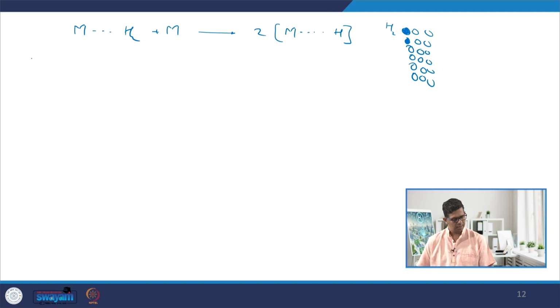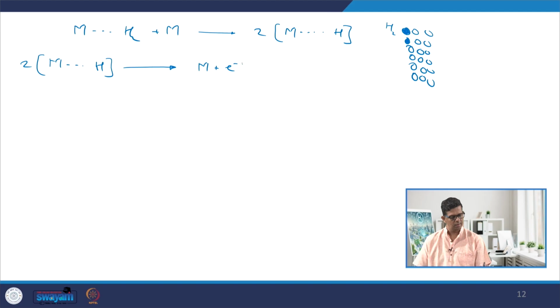What happens next is very interesting. Once we have this hydrogen atom chemisorbed on one metal nanoparticle, this is where the purpose of the metal nanoparticle comes into the picture. It swiftly takes the electron from the hydrogen atom, and what we are left with is a proton. Again, it is near electrode.